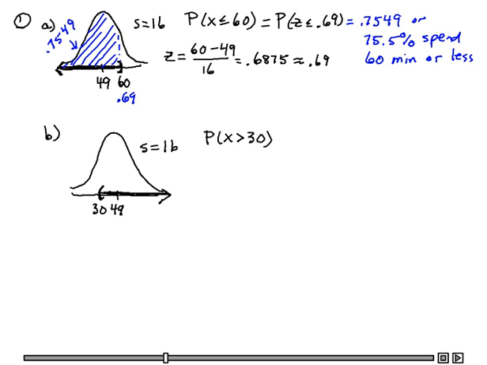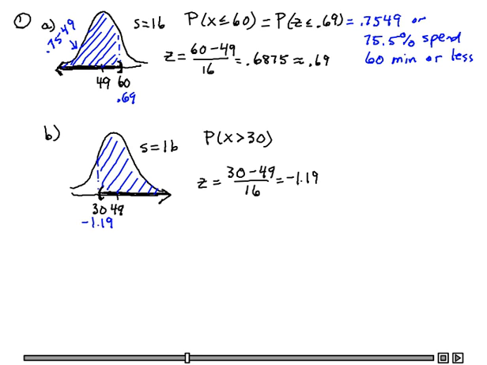Again, the probability of being in that interval is the area under the density function above the interval. And to calculate that area, I'm going to have to calculate the z-score of 30. So 30 subtract 49 divided by 16 gives me a negative 1.19. So 30 has a z-score of negative 1.19.